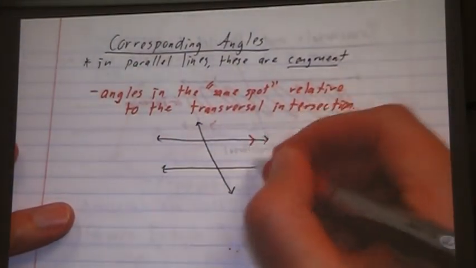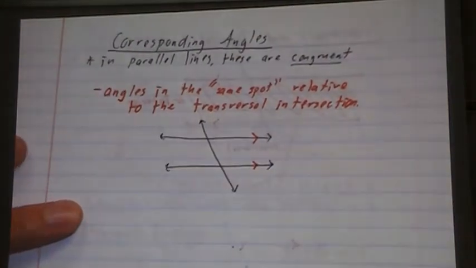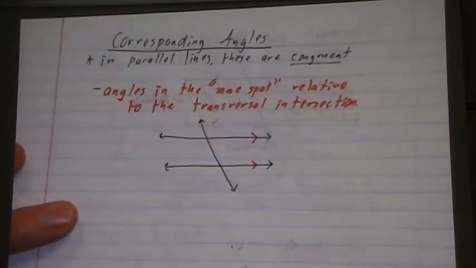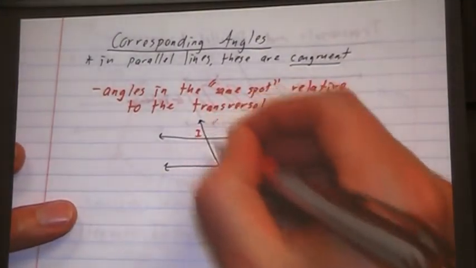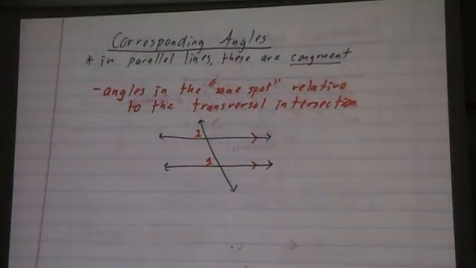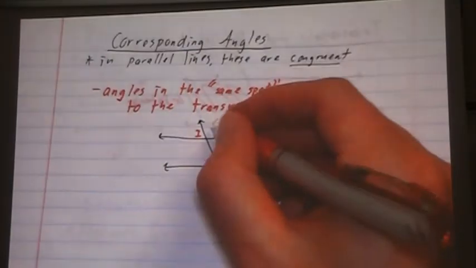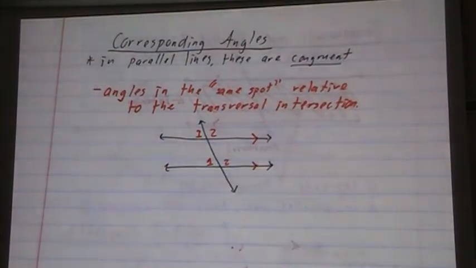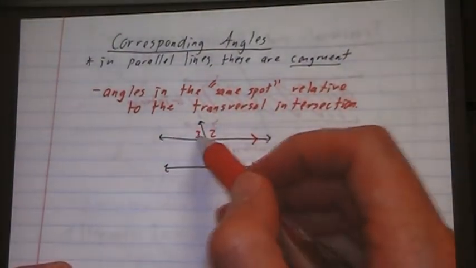So here's your parallel lines. Angles in the same spot. So for example, angle 1 and angle 1. They're both top left in that intersection. They're also both acute. Hey, acute angles in parallel lines are going to be congruent. Angle 2 and angle 2. Top right. So we have top left here, top right, top right.